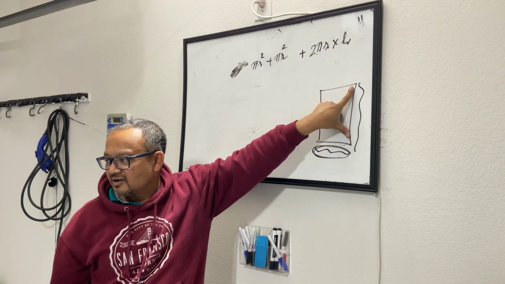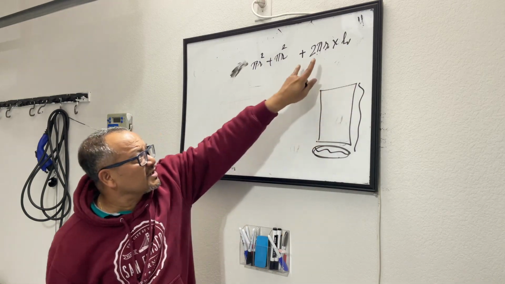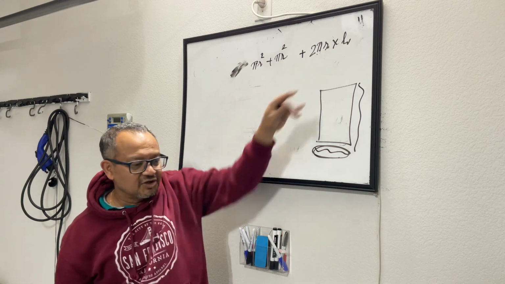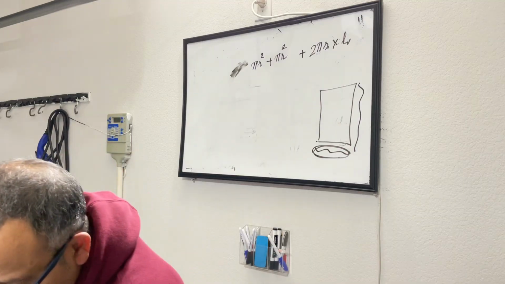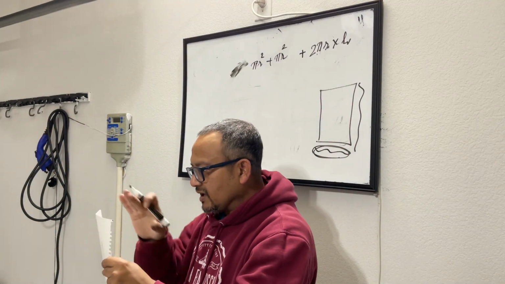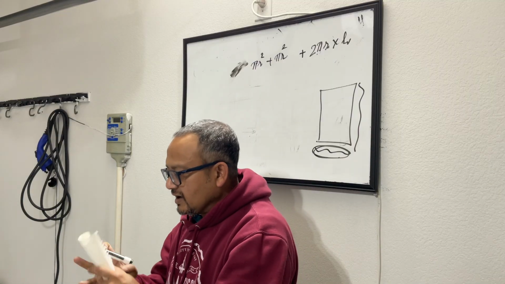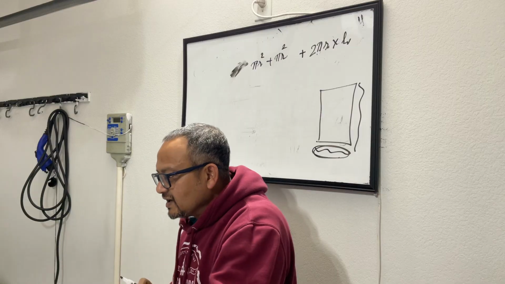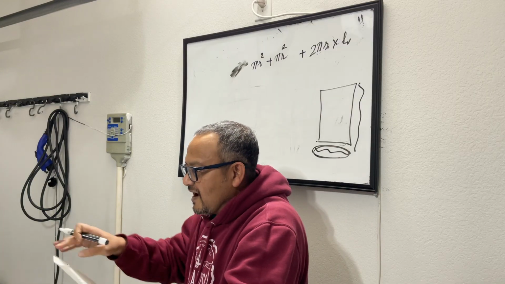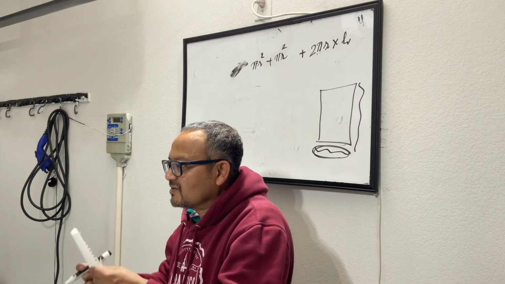So wait, do I need to find the width? No, your width is a derived value. You don't have to find out the width as such. This is a stunt that you will always do. Once it converts to a rectangle, you know length and width. This part is known, this is a height. How much is this? That is derived by the fact that you cut open the circle. By cutting open the circle, the perimeter is what becomes a side of the rectangle.